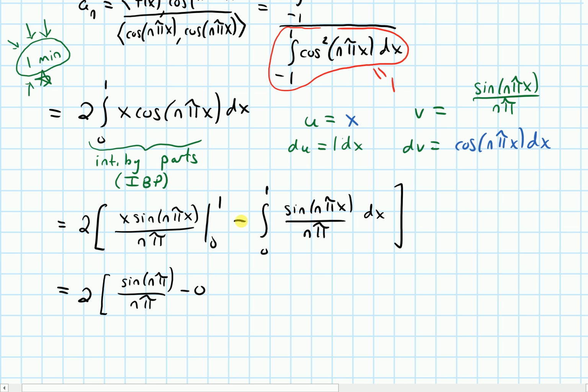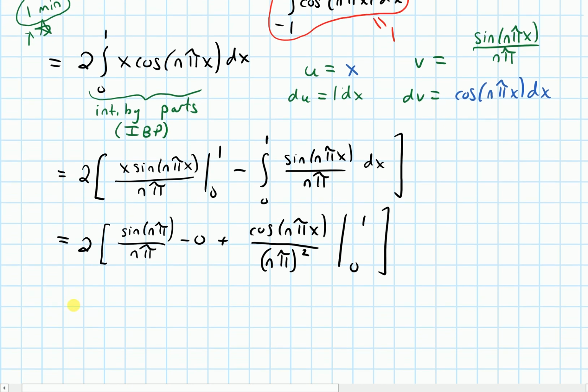But the negative will cancel with this negative to make it positive. So we'll get cosine of n pi x. But an n pi will sort of pop out and go to the denominator. So the denominator will be (n pi) squared. If you don't see how I got that, do a u substitution on this. All right, so we evaluate this at 0 and 1.